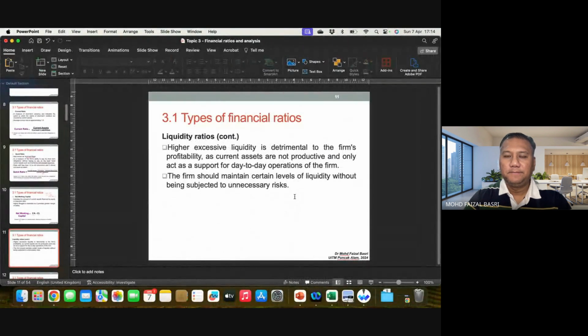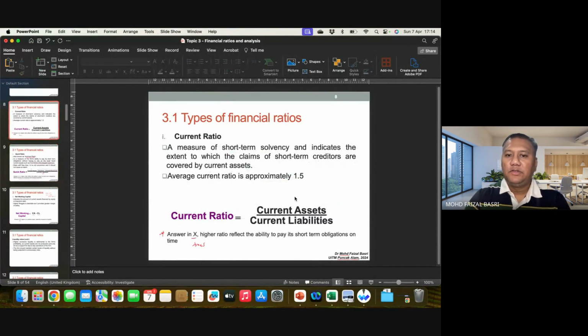Each ratio has an explanation below. So this answer is in X, in times. Higher ratio reflects ability.